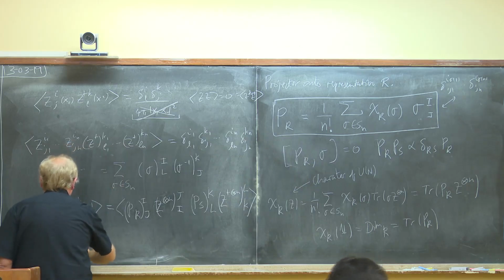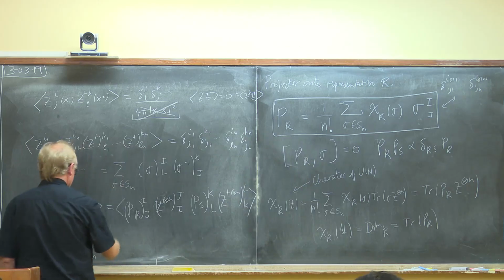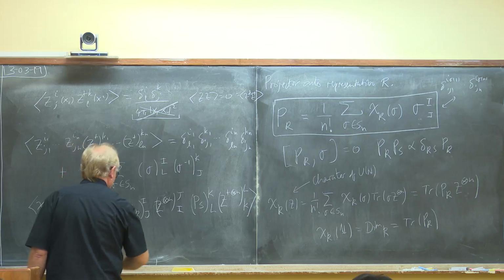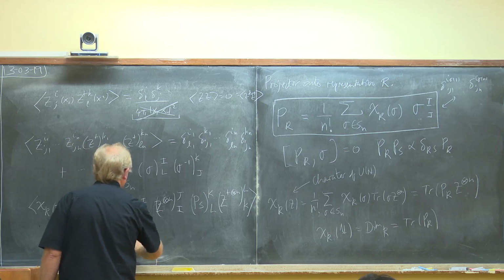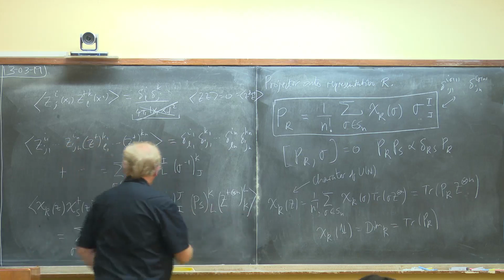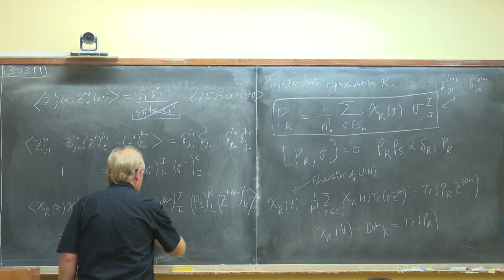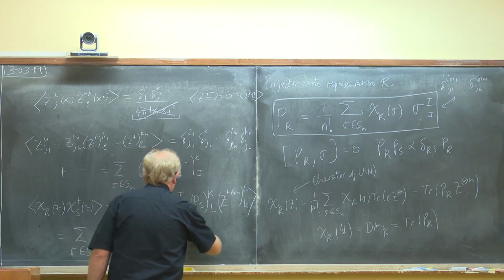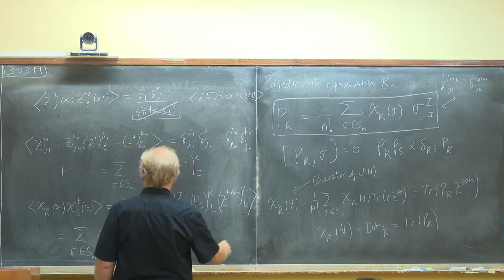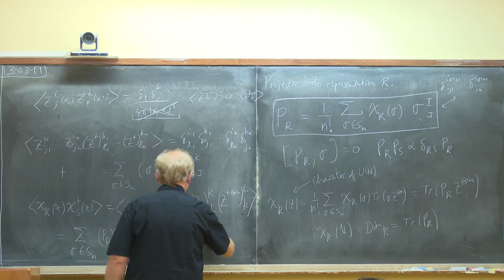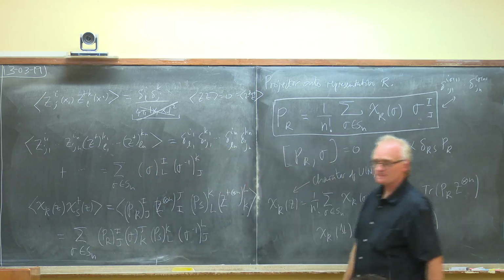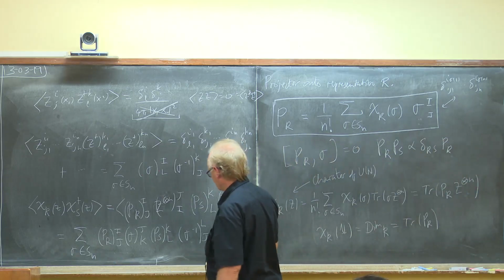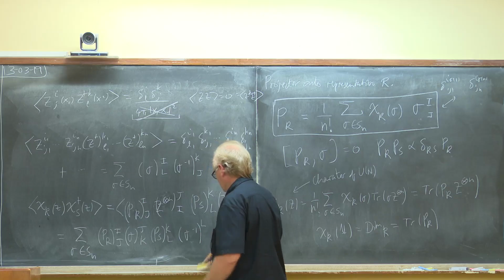So here we have sigma is an element of Sn. We have P_R, Ij, sigma, now we want Jk. P_S, Kl, sigma inverse, what is it? Alj. Is it Li? Yes, thank you.